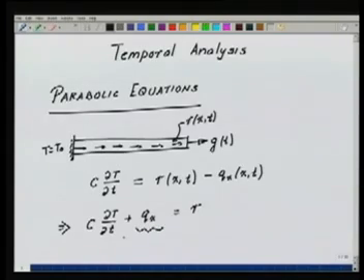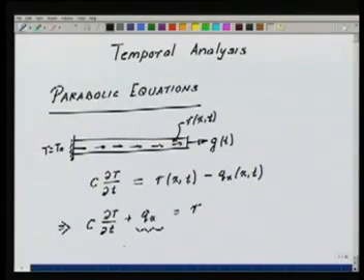Qx, as we have seen in our basic mechanics courses and the heat transfer courses, is nothing but minus some constant k times the partial of T with respect to x. That is, heat flows from a hotter to a cooler region, so it flows in the direction opposite to the gradient. That's what we mean.